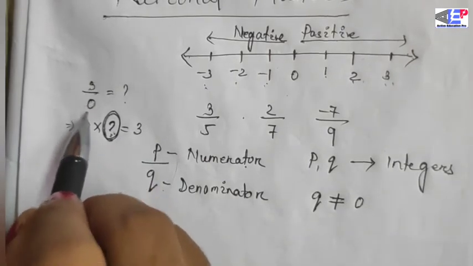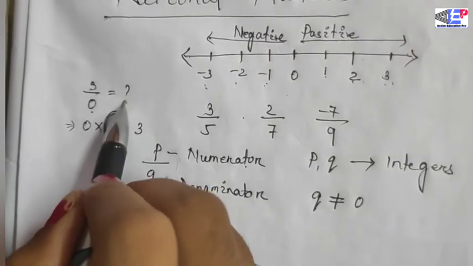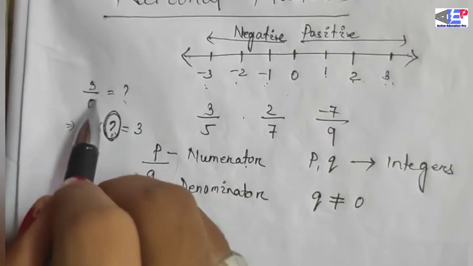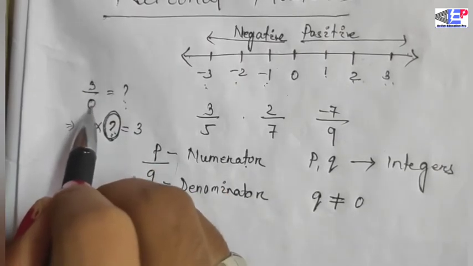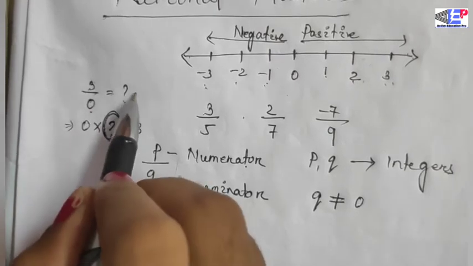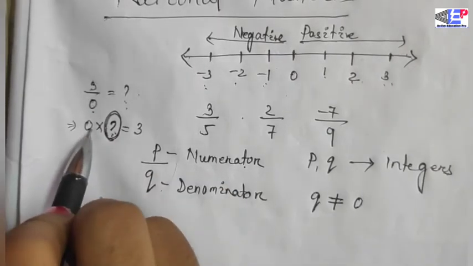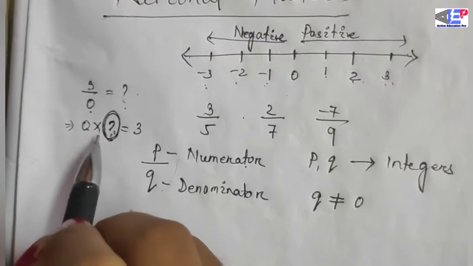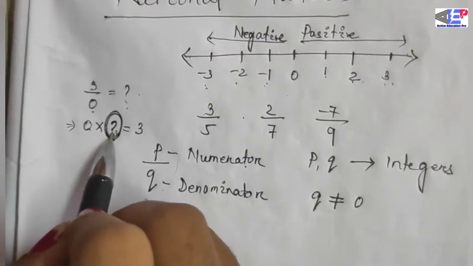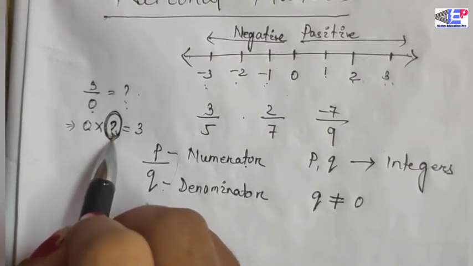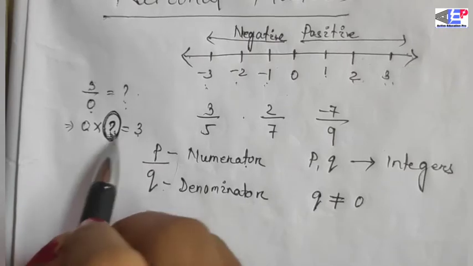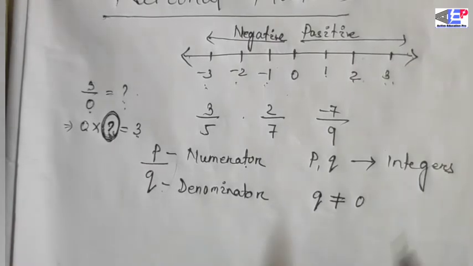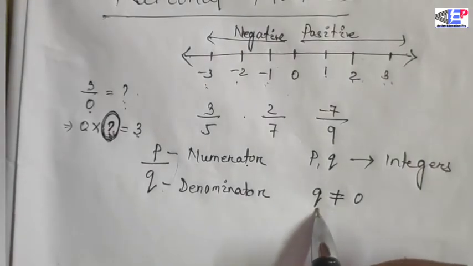If the denominator is 0 and the question is 3 by 0 equals what, then 0, here is the denominator, multiplied with the question mark should give the numerator 3. Put such an integer at the place of the question mark so that the answer is 3. There is no number we can put here to get the answer 3. So q is not equal to 0.